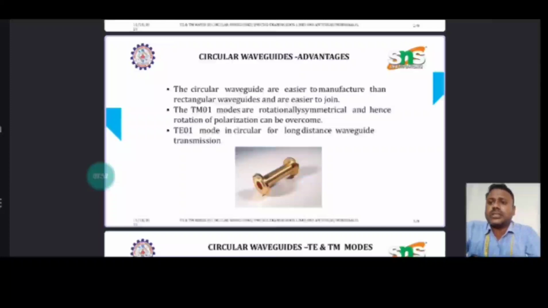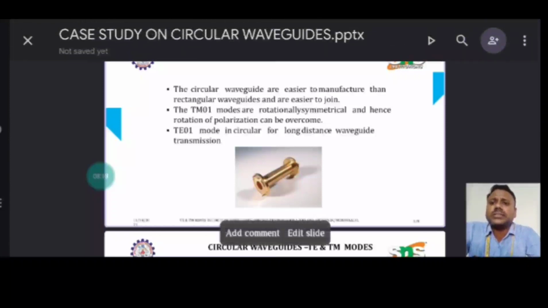The TE01 mode in circular waveguide is used for long distance transmission. So these are the important advantages of the circular waveguide, which is used for long distance communication. Transmission in circular waveguide is rotationally symmetrical.